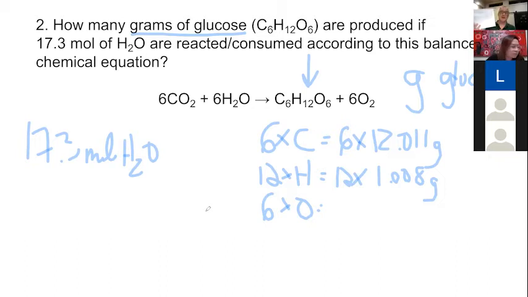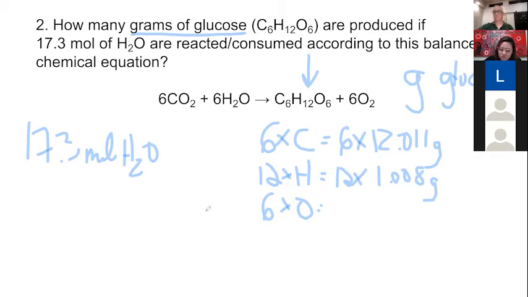That's the periodic table that I've posted on Canvas. If you have a different one with more accurate masses on it, by all means, use that. Use the most accurate mass you can find, because that'll help your answer. For instance, if you use 12.0107, your answer is going to be more accurate than mine.